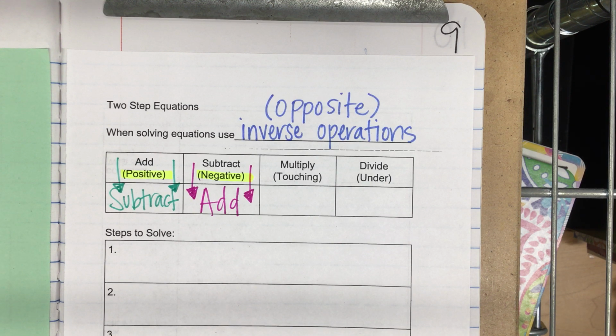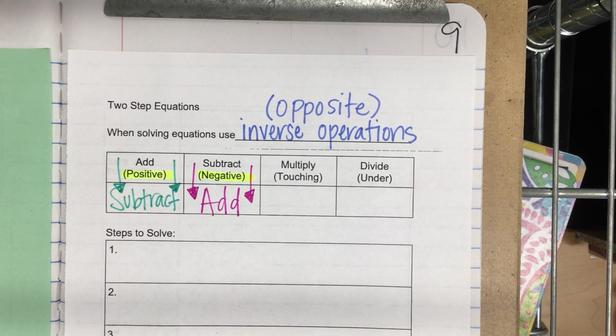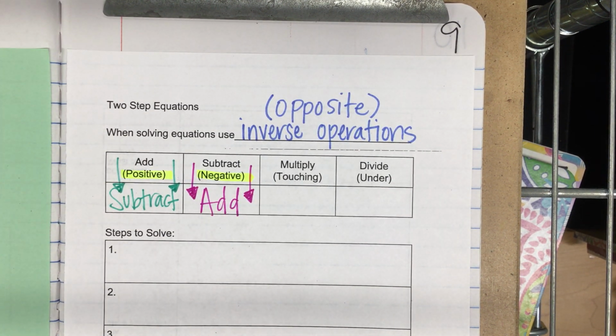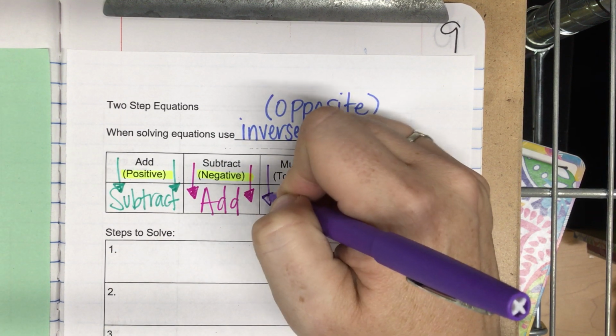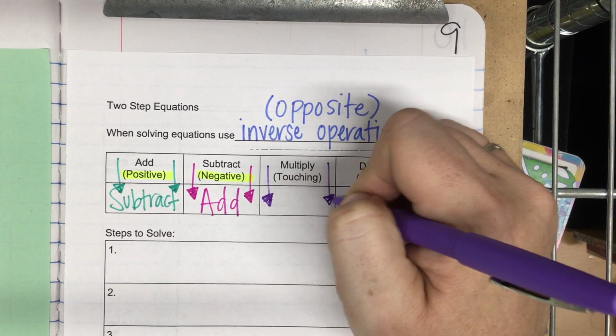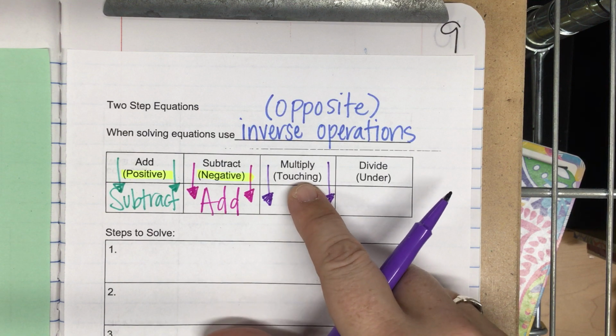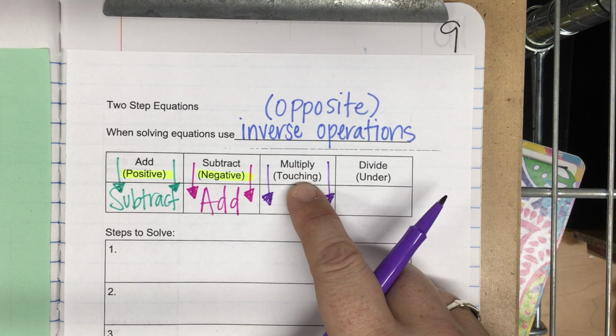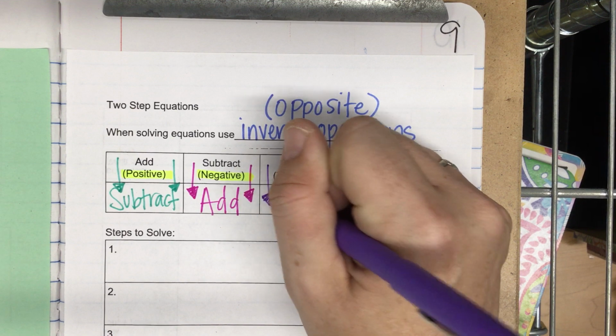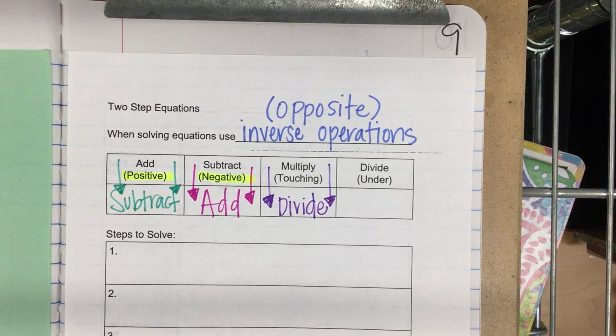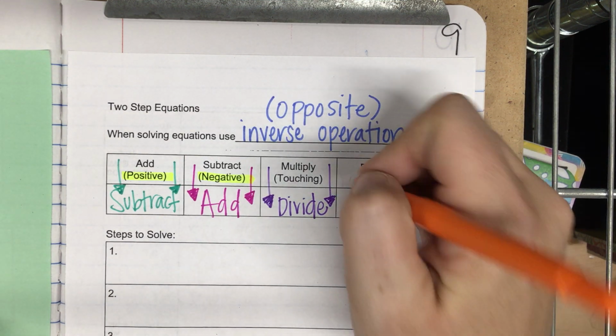Who can tell me what's the opposite of multiplying? Opposite of multiplying, Jordan? Dividing. And sometimes we have to remember that they're touching. It's not necessarily that there is a multiplication sign; if the number and the variable are touching, that means they're being multiplied. So if the opposite of multiplying is dividing, what's the opposite of dividing? Multiplying.